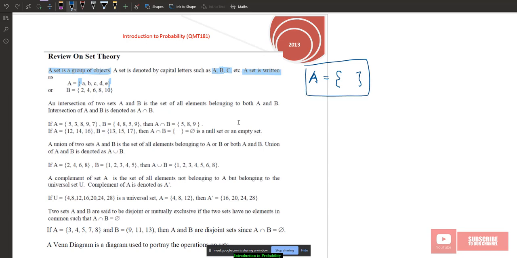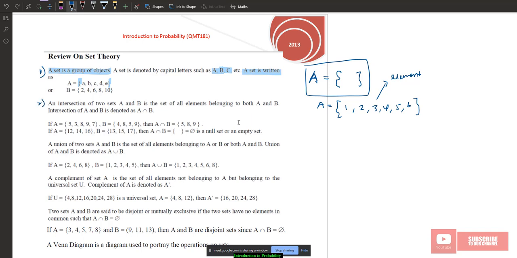If you don't have any value inside, this is what we call an empty set or null set. For the values inside the set, let's say A equal to 1, 2, 3, 4, 5 and 6, these values we call elements of a set. So this is the first part, the introduction of the set.